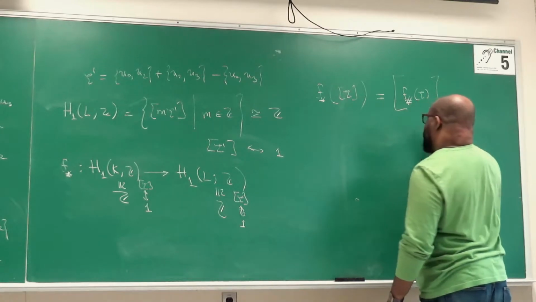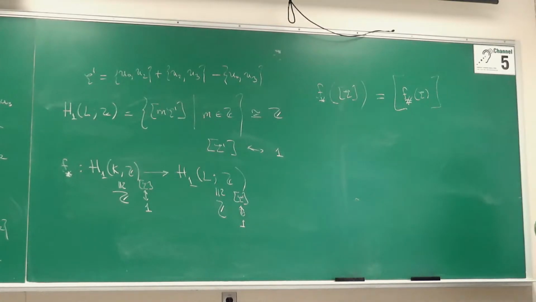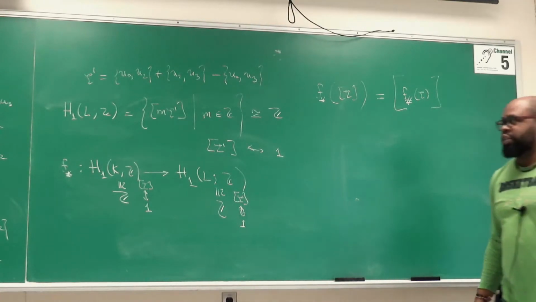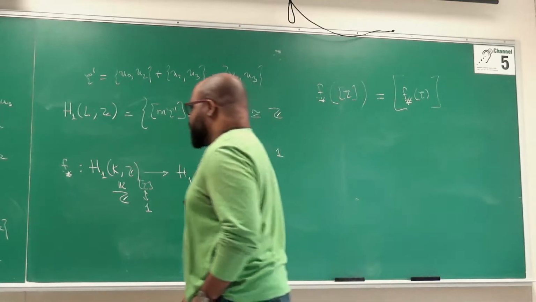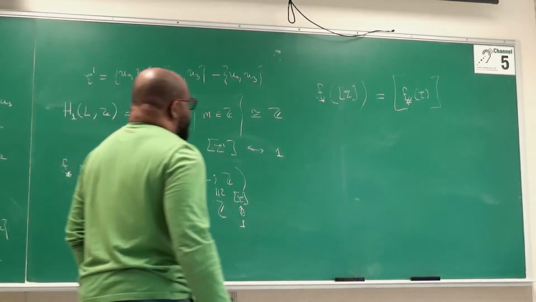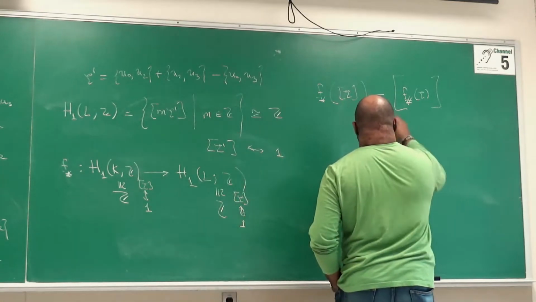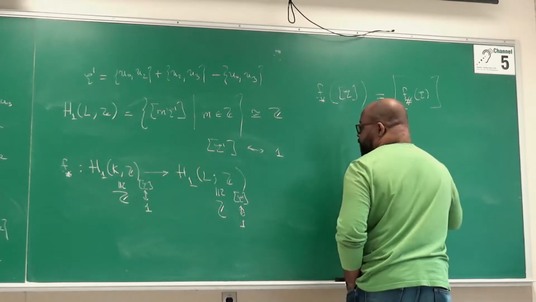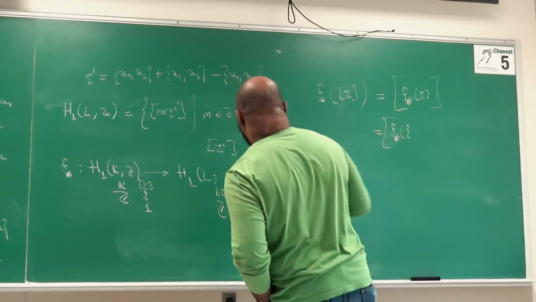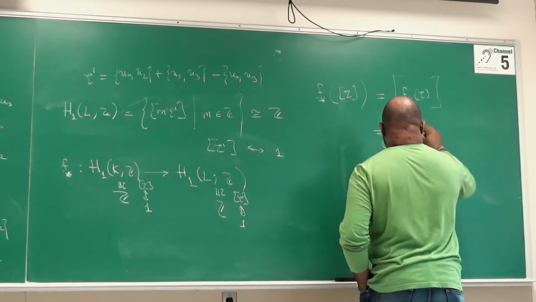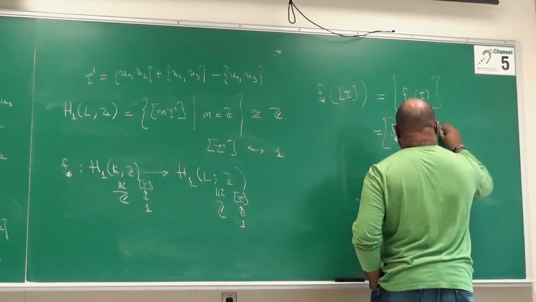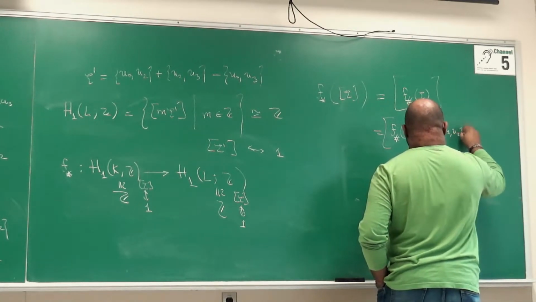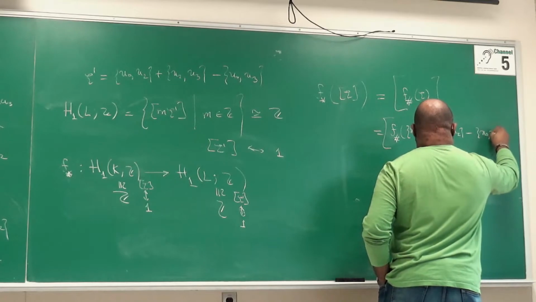That's how we define the stars in terms of the sharps as we did before. So in other words, I'm taking the class of F sharp of u0, u1 plus u1, u2 minus u0, u2.